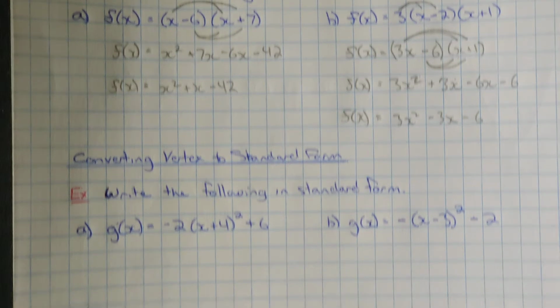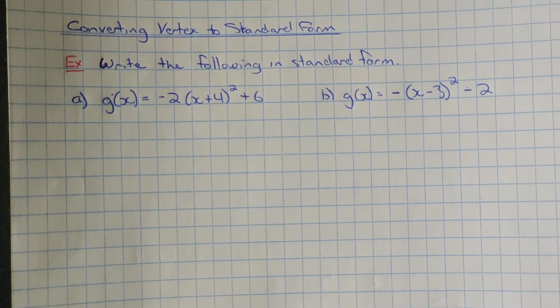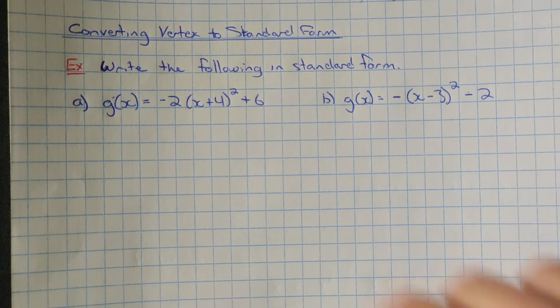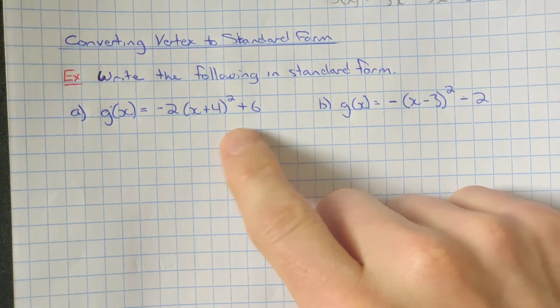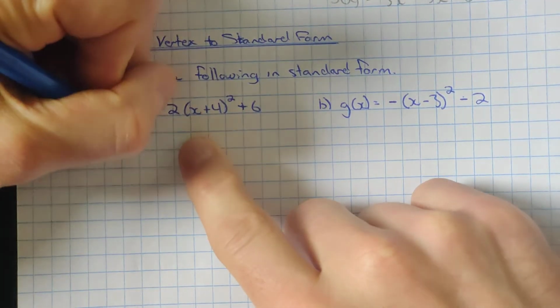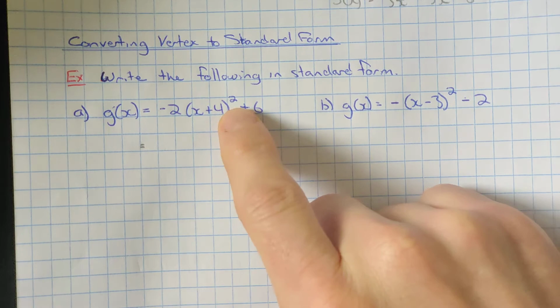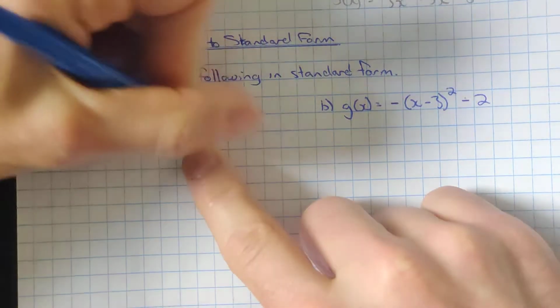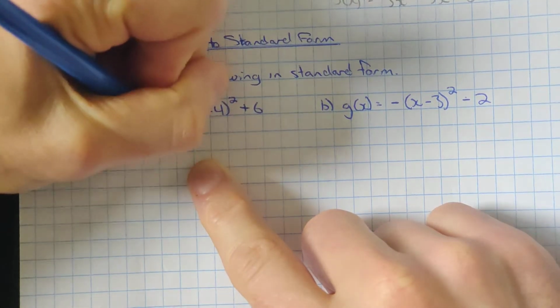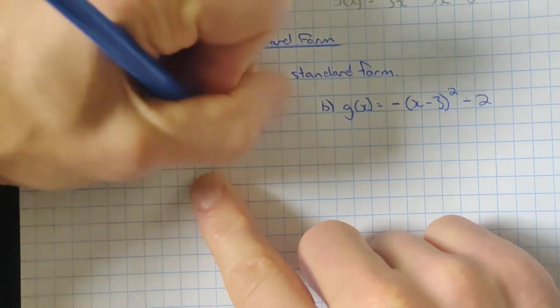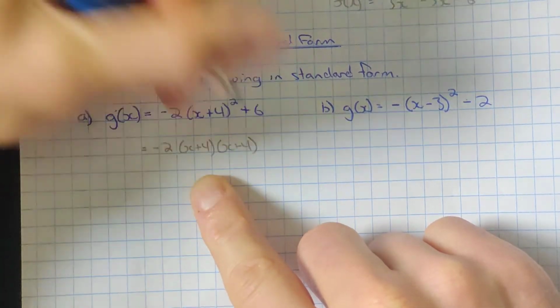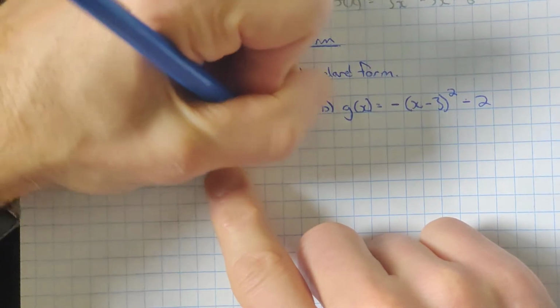All right, last crazy thing is, what if we have to convert vertex to standard form? It's the same kind of process. So here, remember when we have the squared, we got to write it out twice. So that's 2 times (x plus 4)(x plus 4), plus the 6.